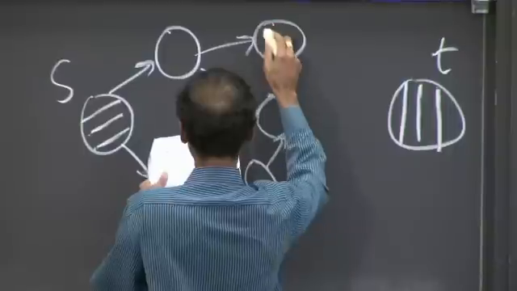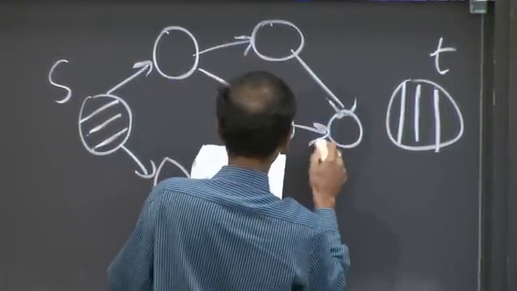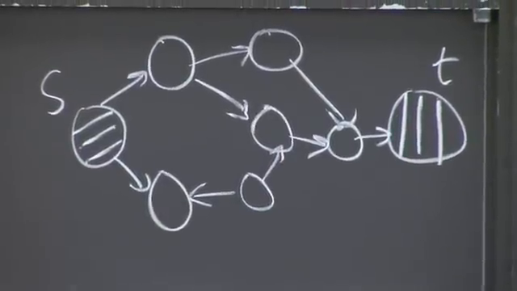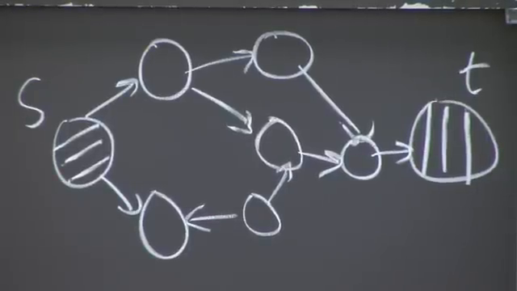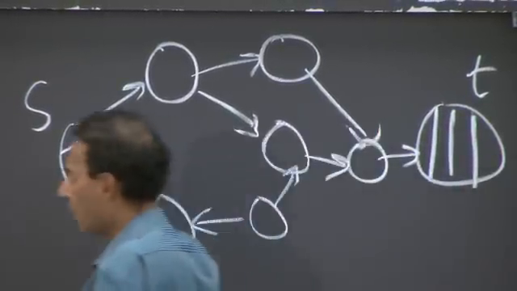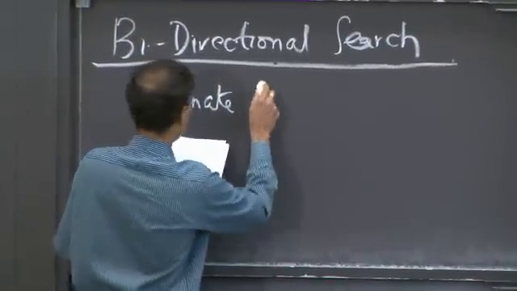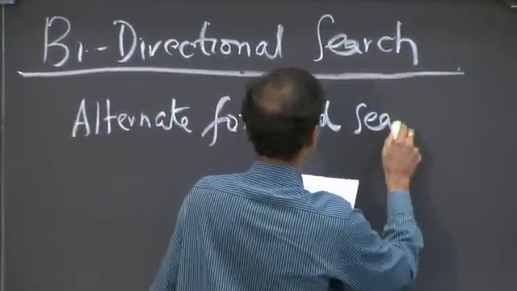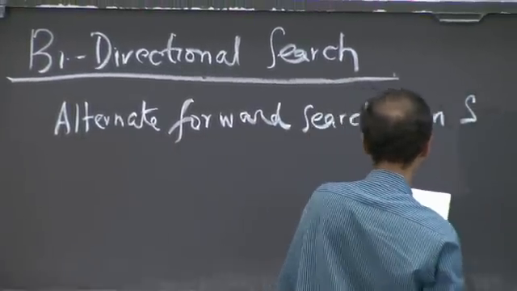Corresponding to this graph here. What you do is you alternate search in the forward direction and the backwards direction. So you're going to do one step of standard Dijkstra, which starts with S and goes forward.